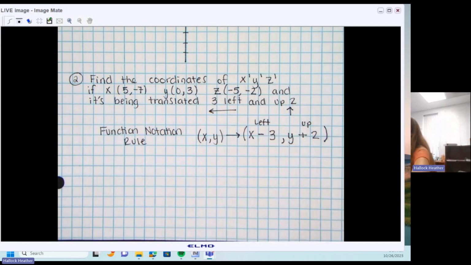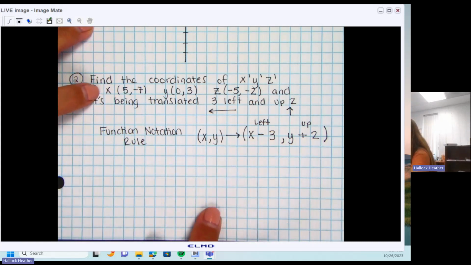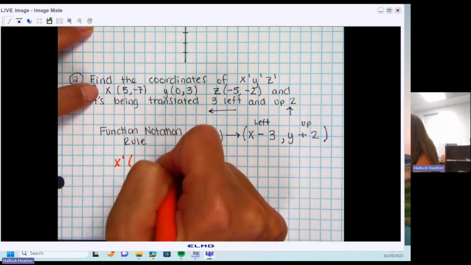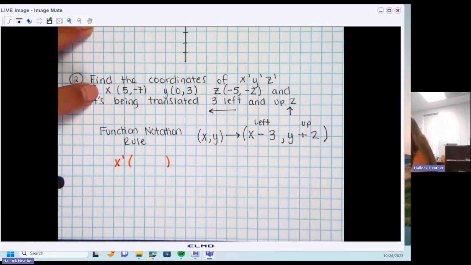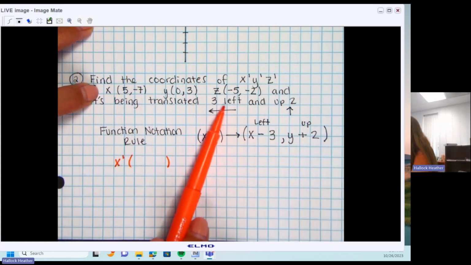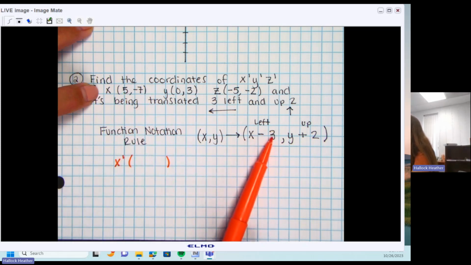So if the X was at 5, -7, I'm going to find X prime by using the rule I just wrote. I have 5, I'm going to the left 3 units, so I'm doing 5 minus 3. What's 5 minus 3?